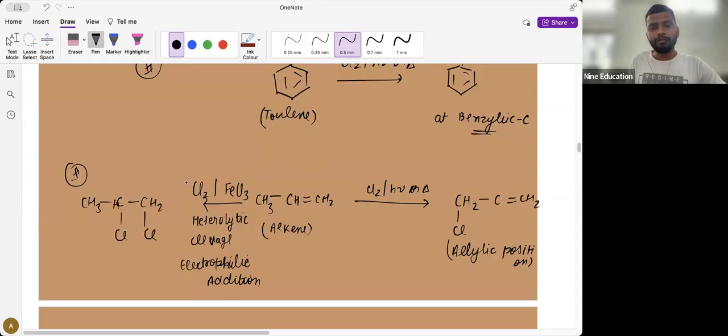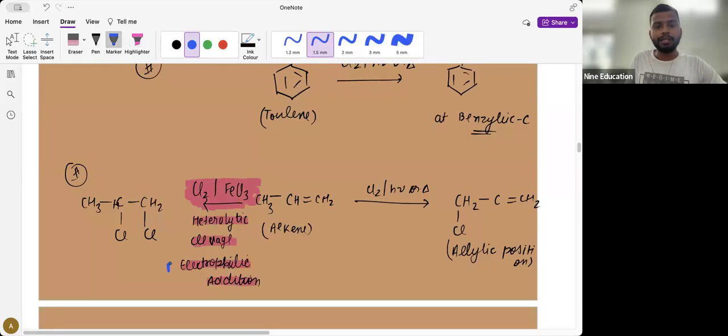So therefore always remember, if I use chlorine with FeCl3, or any such reagent, heterolytic cleavage will happen and electrophilic addition will happen in that reaction.